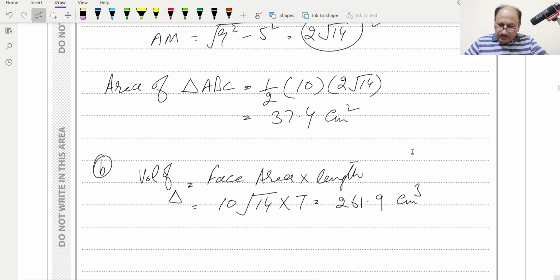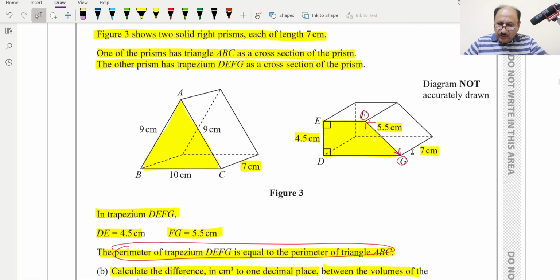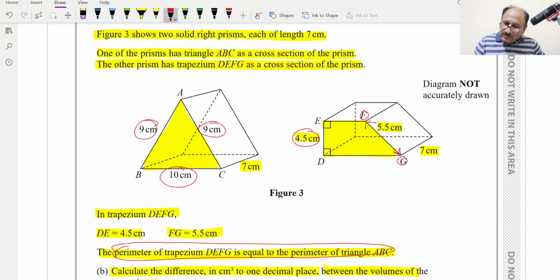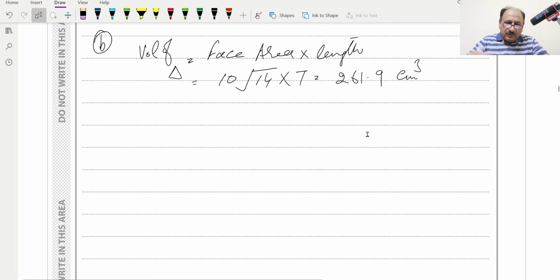Now they are saying this is volume of the triangular prism, this one. Now they are saying that their perimeters are equal. So perimeter of this triangle is 9 plus 9 plus 10, and this will be equal to this length and this slanting length plus EF, which we don't know, and DG also we don't know. So we will equalize them and write an equation for that perimeter.